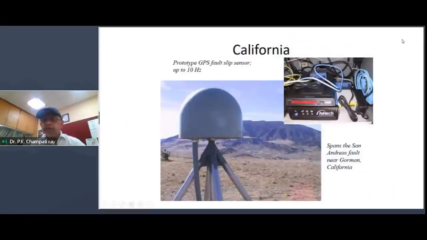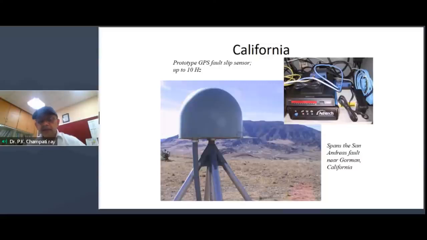Now, to monitor such movement, just to give you some examples of how people are doing it. There is a prototype GPS fault slip sensor which has been installed in California, for real-time monitoring of the fault. A geological fault is a weakness, a line along which there is a fracture, and across the fracture, the blocks of the earth are actually moving.